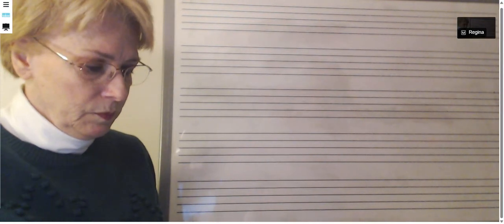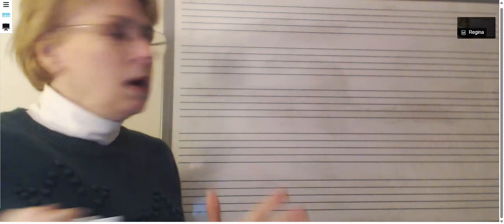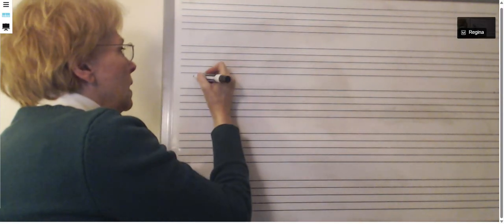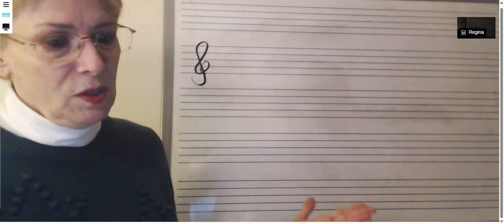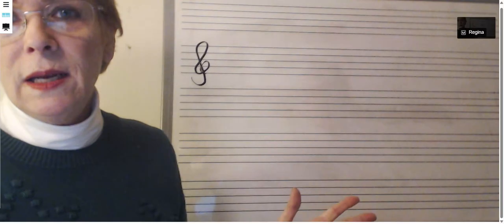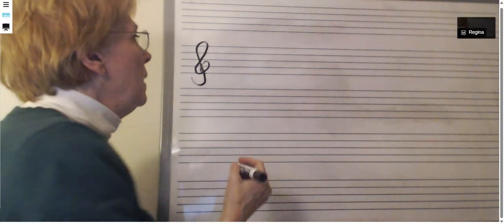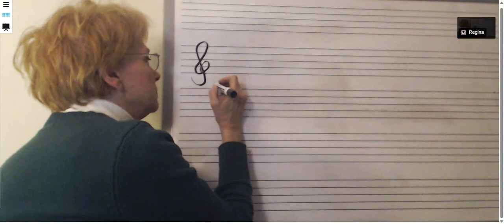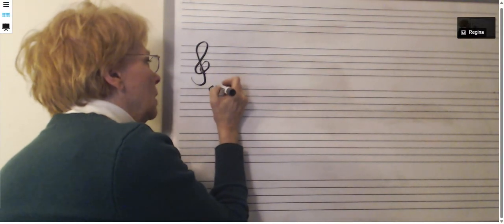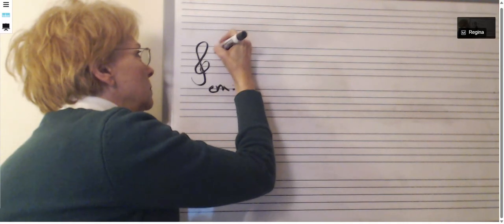The first thing I would do is put in my treble clef. Use any clef you want, but I put it in one. And put in your triads. I'm going to start with E minor, and we have 1 sharp.